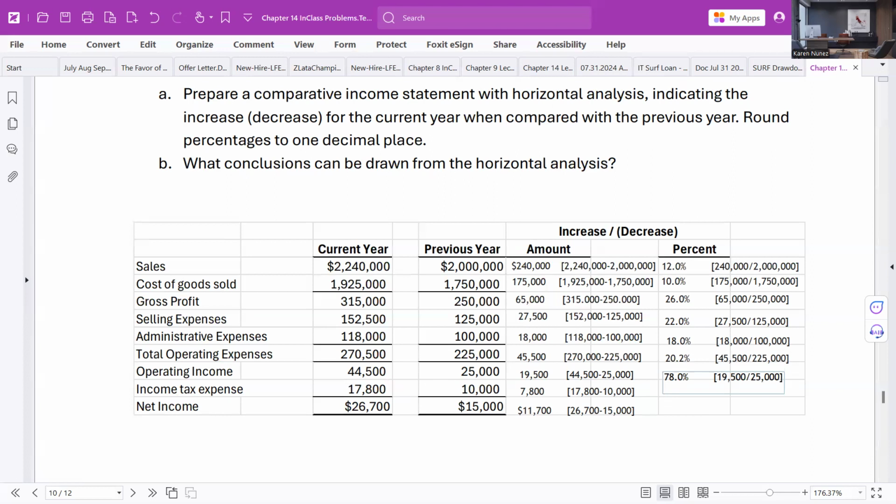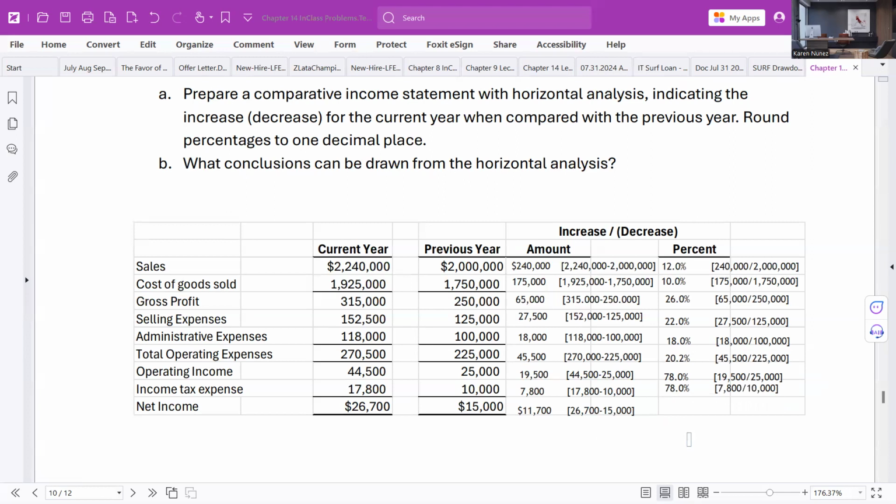And then when you look at the income tax expense, well, that's an appropriate increase given the increase in our operating income. We're seeing here taxes have also increased. In this case, 7,800. Take that 7,800 divided by the 10,000. That's what you get, a 78% increase.